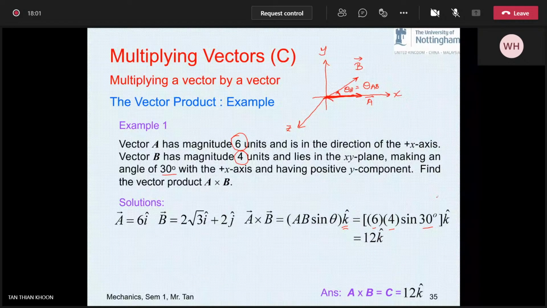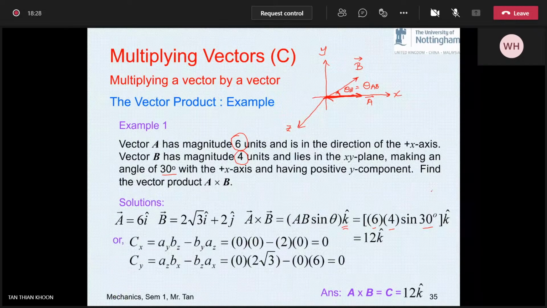All right, 12k. So this is the direct way for us to find it. But of course, as you may have said just now, you may want to find the vectors by using the matrix method, by using the component method.